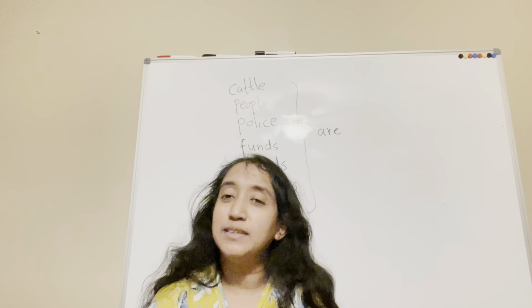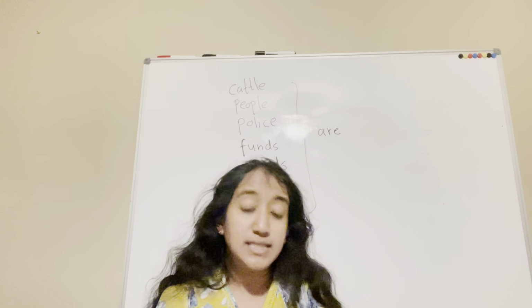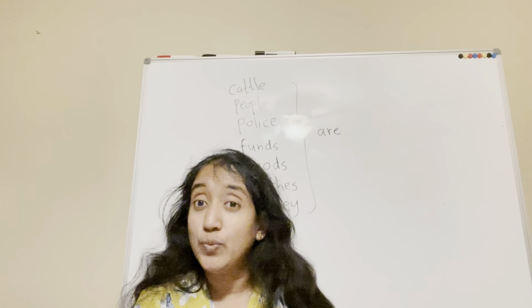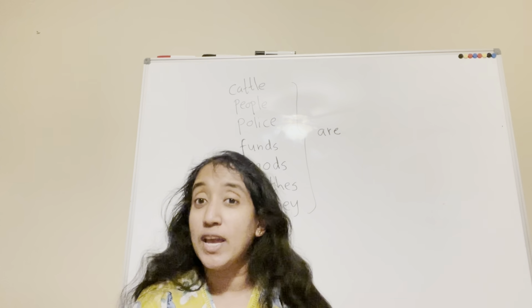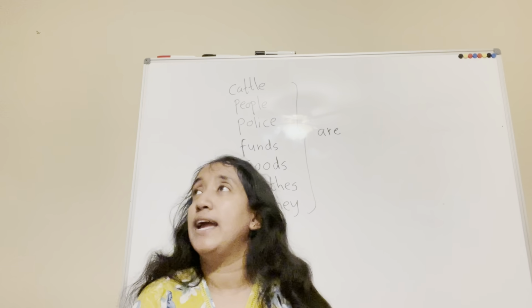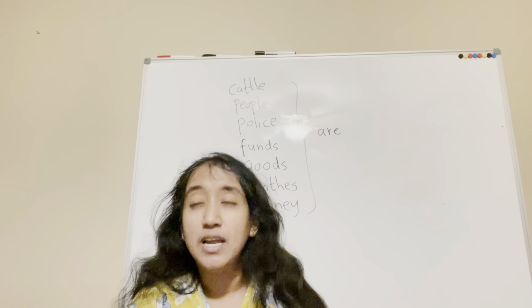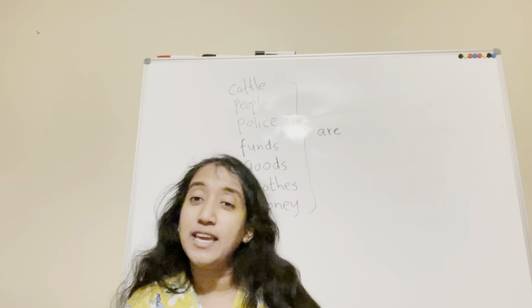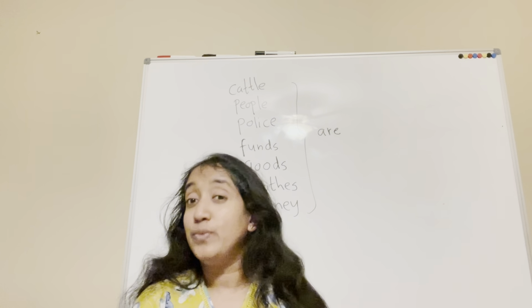So they are the simplest ways that we can make a word plural. Sometimes we add ves too. For example, wife. To make it plural, we change it to wives. Knife. To make it plural, we add ves, knives.